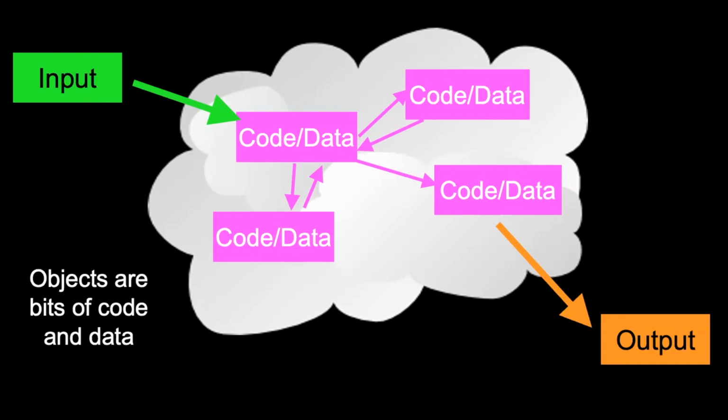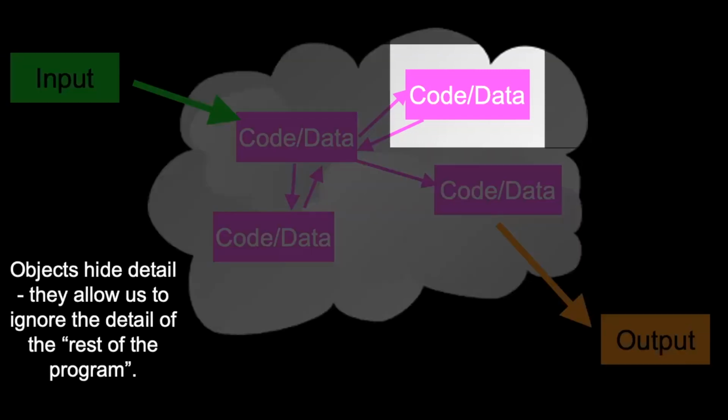Okay, well, it's 7:52, so I'm gonna go on for maybe 10 more minutes, and then we take a break. So this object hides details, so allowed to ignore the details of the rest of the program. That's exactly it. So whatever is in the code here may not be relevant to the code sitting outside of it. What does that mean?